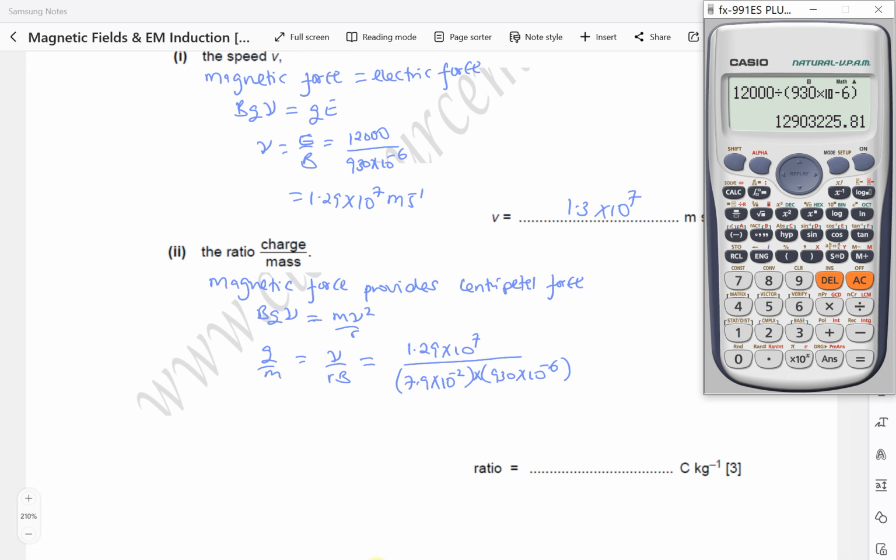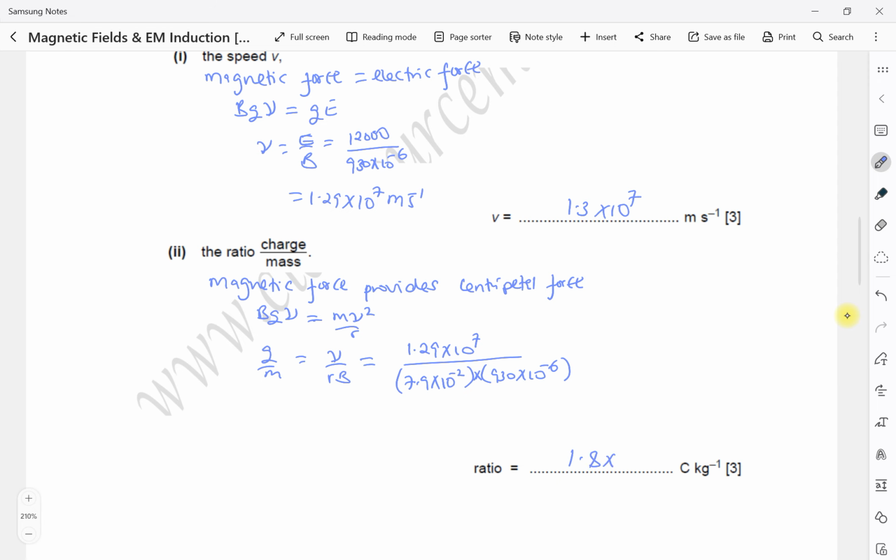So from my calculator, 1.29 exponent 7 divided by 7.9 exponent minus 2 divided by 930 exponent minus 6. That is 1.7558, which is approximately 1.8 times 10 to the power of 11. So that is 1.8 times 10 to the power of 11 coulombs per kilogram.